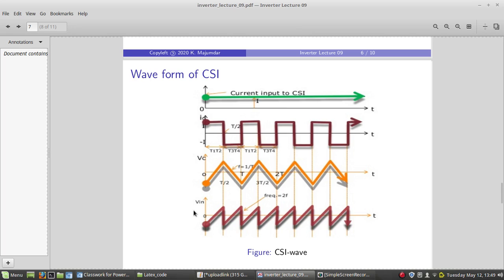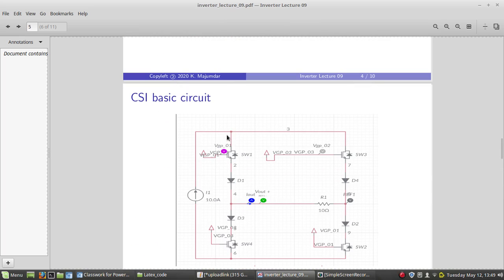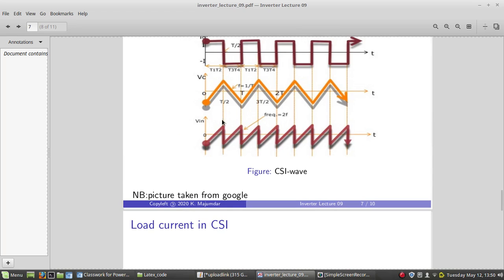Then consider another voltage, V in. V in voltage is what? The input voltage to the inverter, the CSI. It is the voltage across this node and this node. If you apply a multimeter or voltmeter here, you can get a waveform like this.